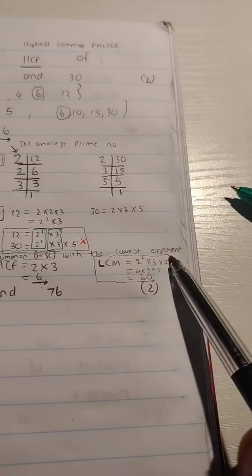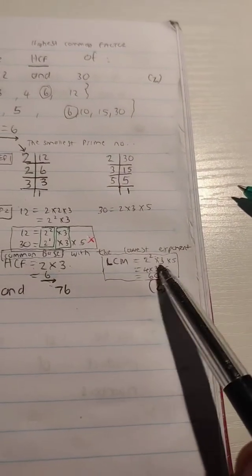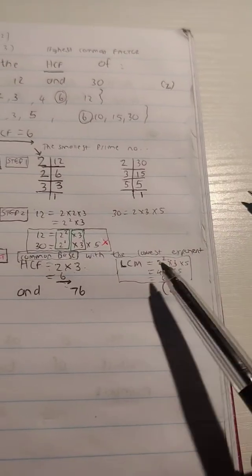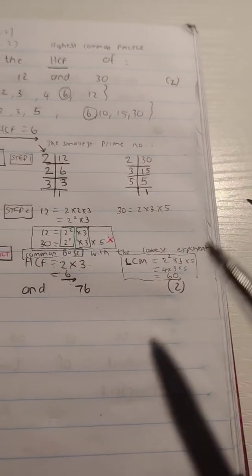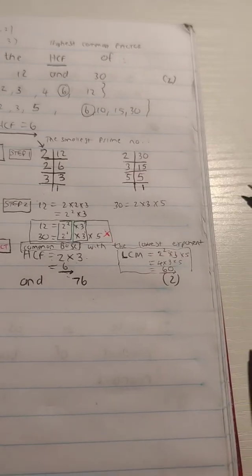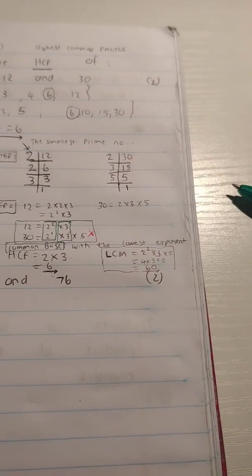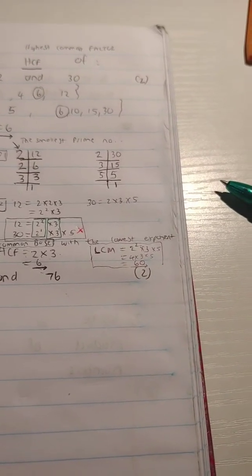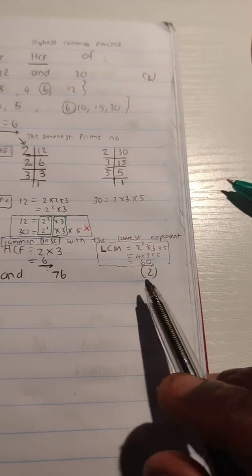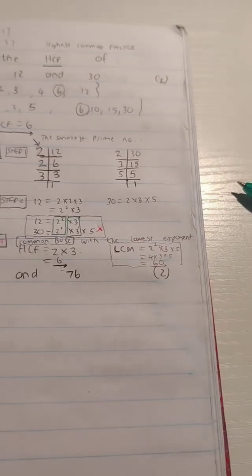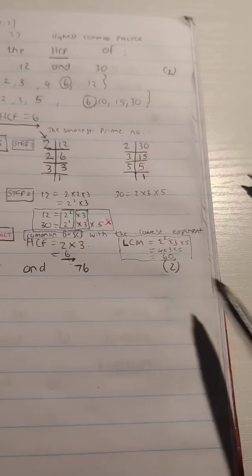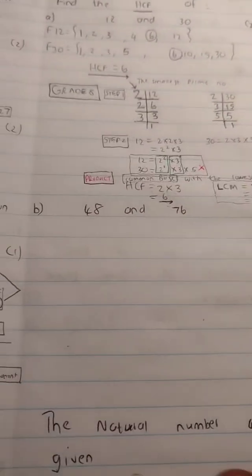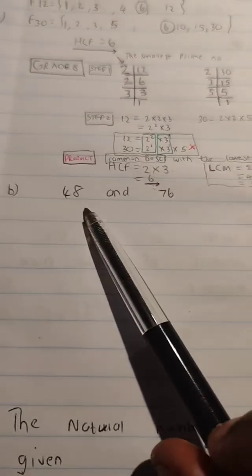The LCM, on the other hand, is the common base with the highest exponent, but I also consider any unique base, selecting the one with the highest exponent, and include it as part of my LCM. The product of all of that gives you the LCM.